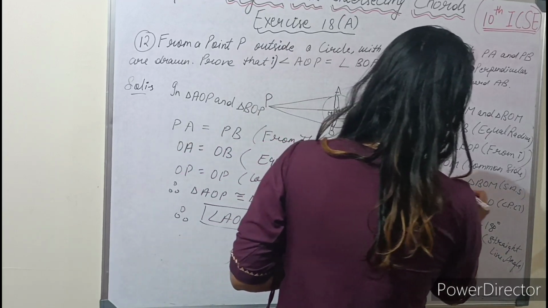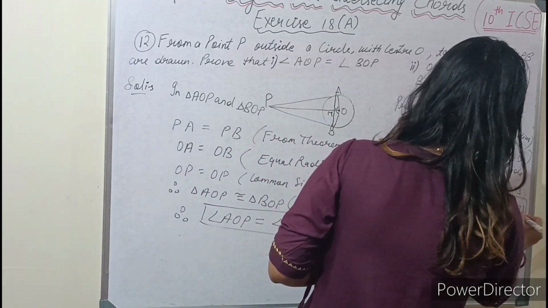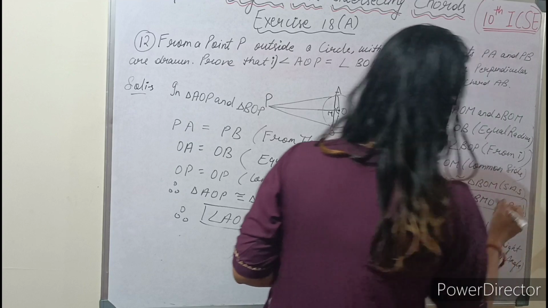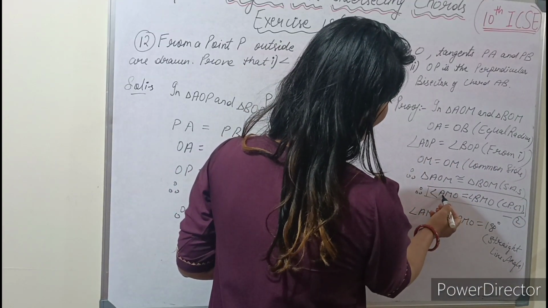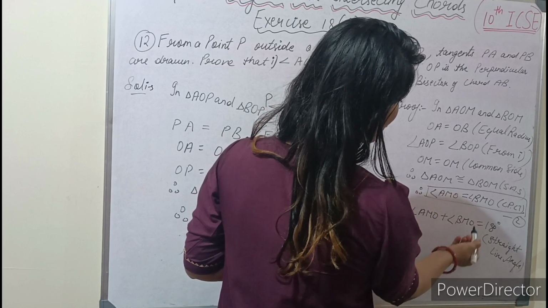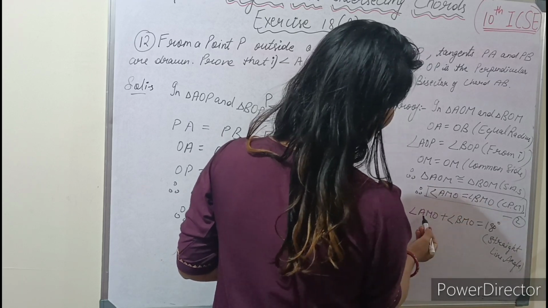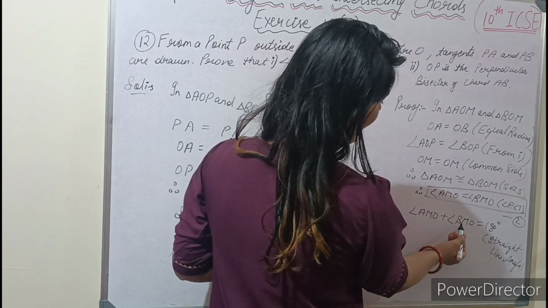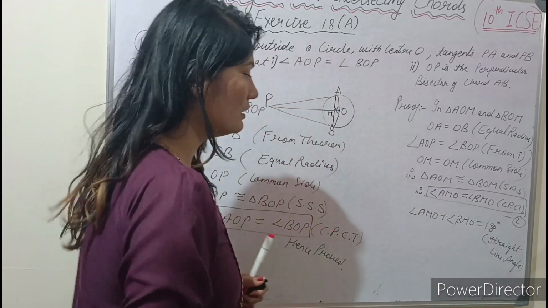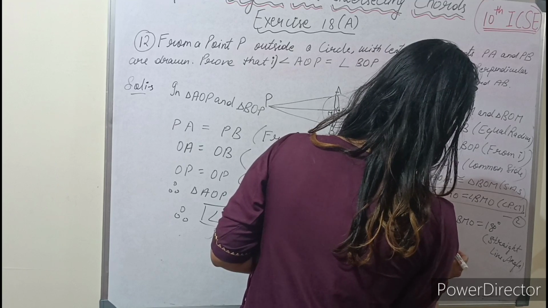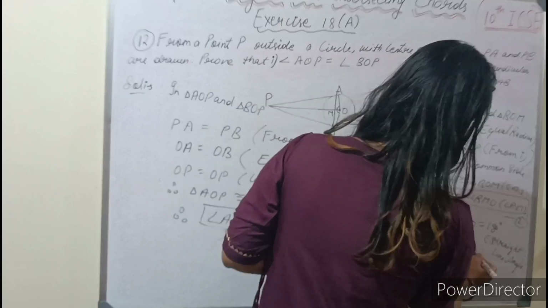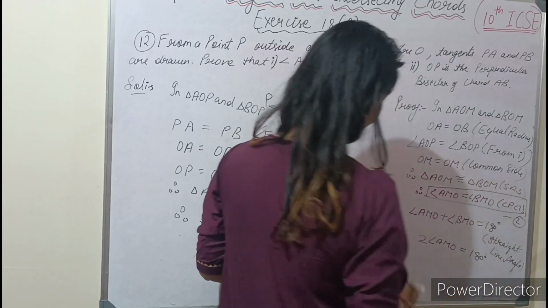This will be your equation 2, you can assume. Since from the earlier result angle AMO is equal to angle BMO, you can see here angle AMO and angle BMO are equal. So I can write here twice of angle AMO is equal to 180.